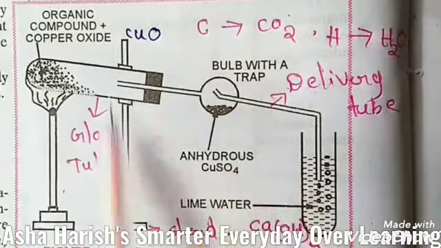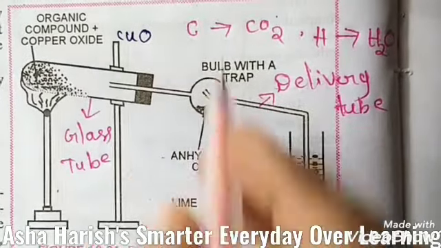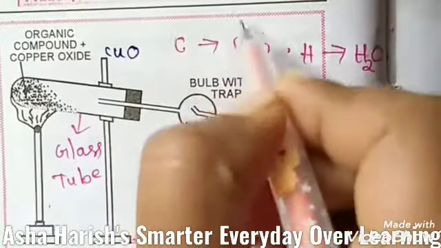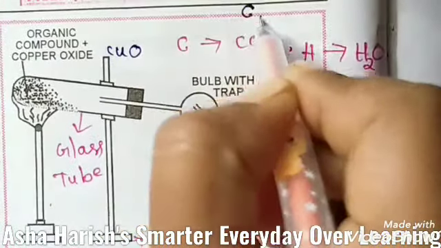And what is the second modification, students? If the organic compound also contains sulfur besides carbon and hydrogen, then sulfur is oxidized into sulfur dioxide, which also turns lime water milky due to the formation of insoluble calcium sulfite.